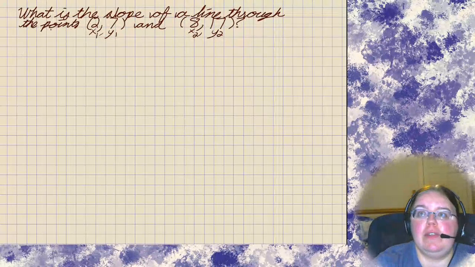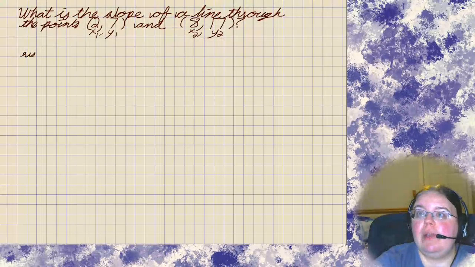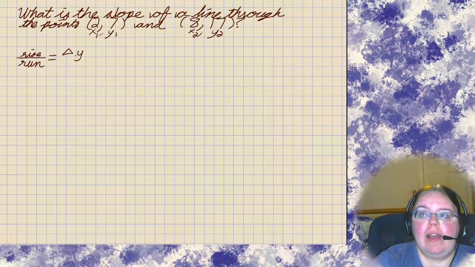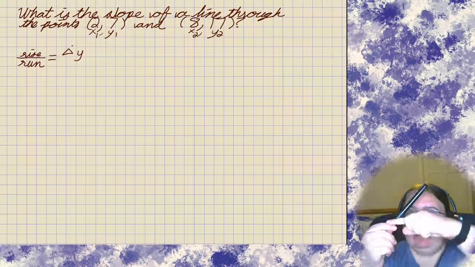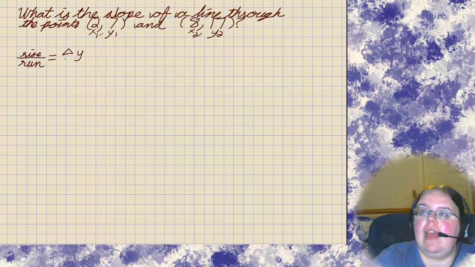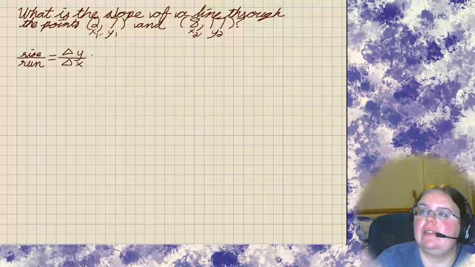You'll often, as a memory tool, hear this referred to as rise over run. What that means is we're going to be calculating the change in the y values, so the vertical change from one point up to the level of another. And we'll be comparing that with the change in x values, so how far across we have to go to get from one point to another.